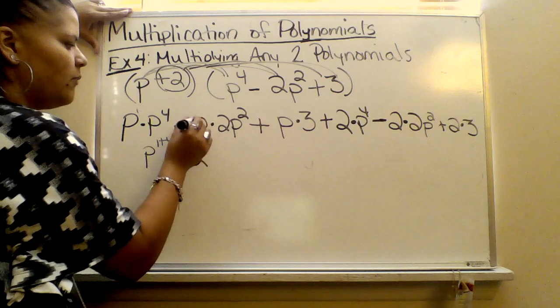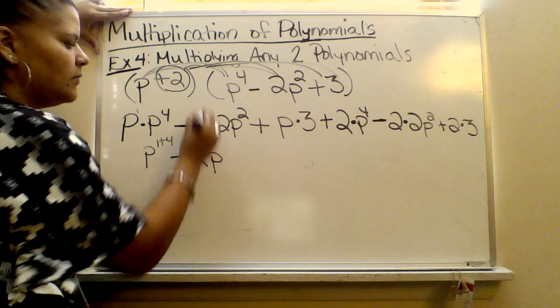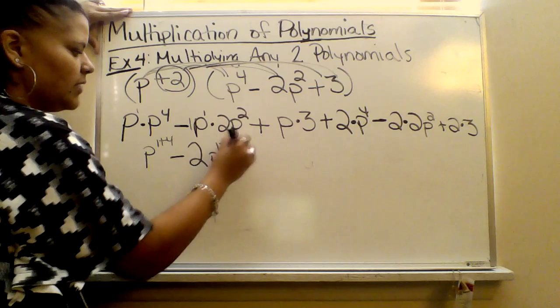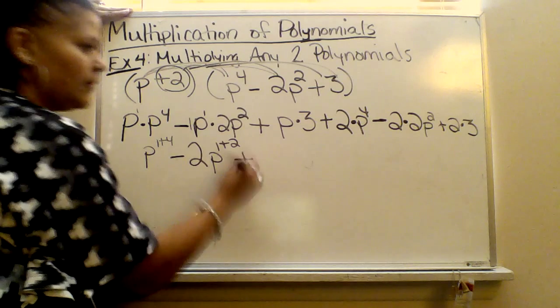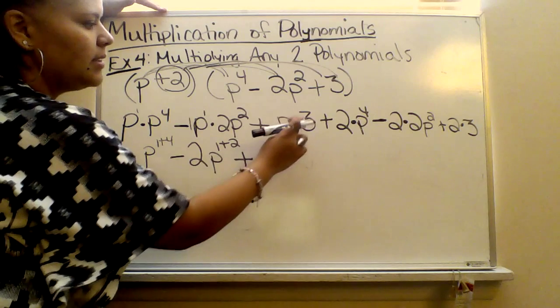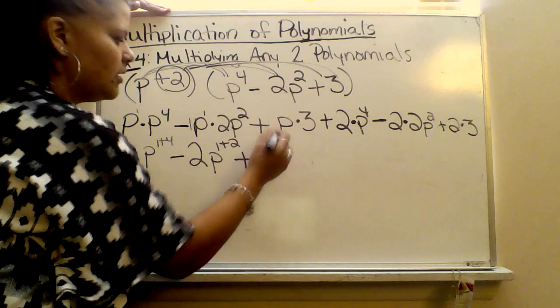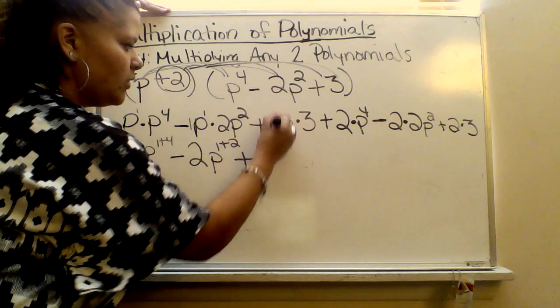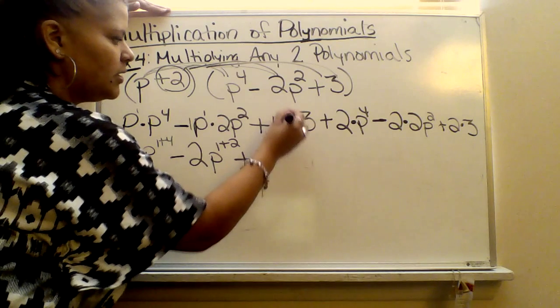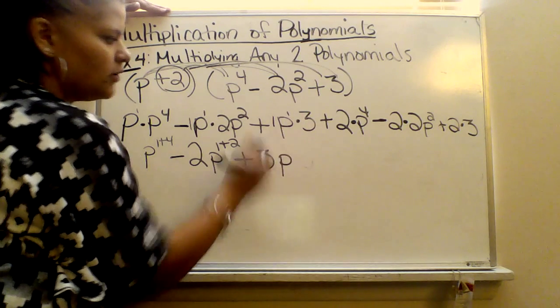And then we have p to the 1st power times p to the 2nd power, so that's 1 plus 2. Then we have p times 3, which is just 3, because there's an imaginary 1 here. And then I have just a p there, or p to the 1st, so we just leave that p.